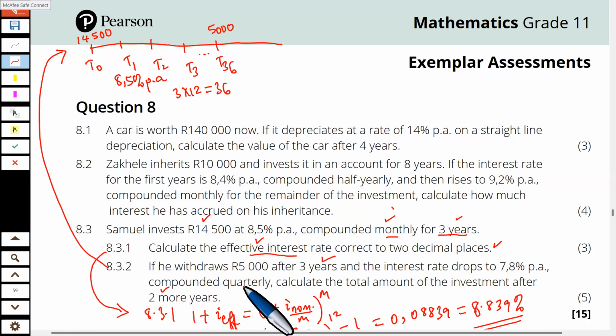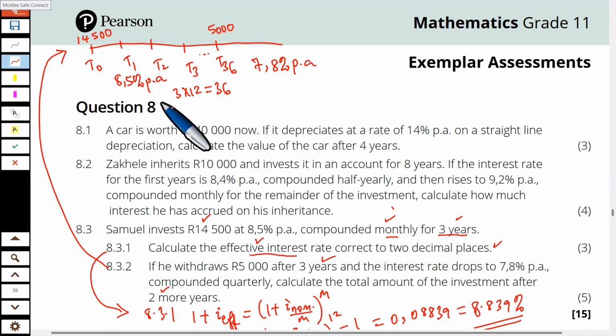So the 5,000 is actually removed after the 3 years, and the interest rate drops to 7.8% per annum, compounded quarterly. You need to calculate the total amount of the investment after 2 more years.